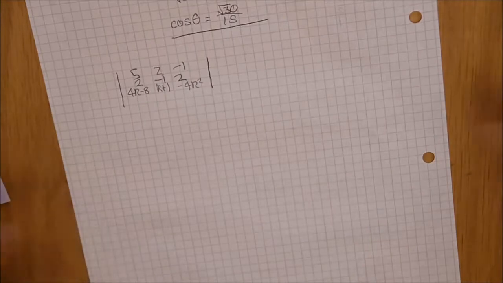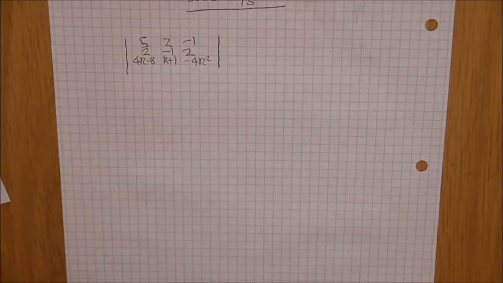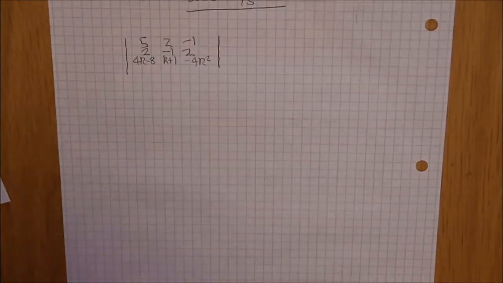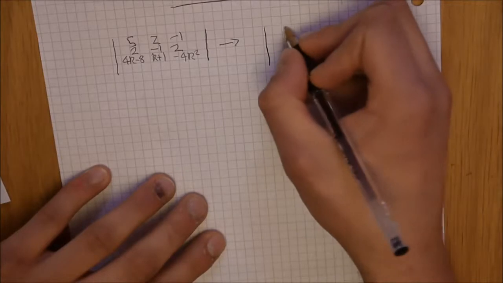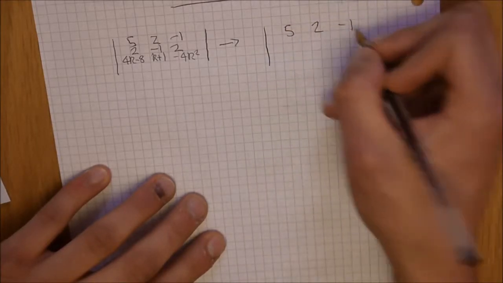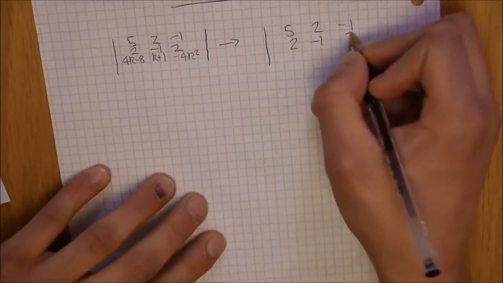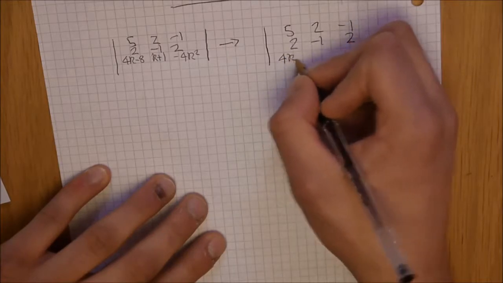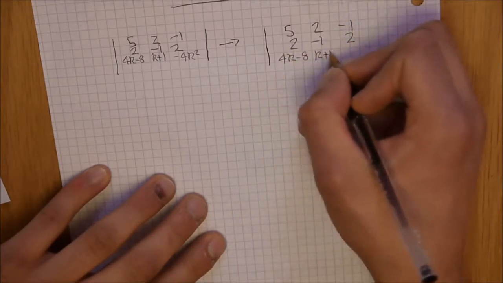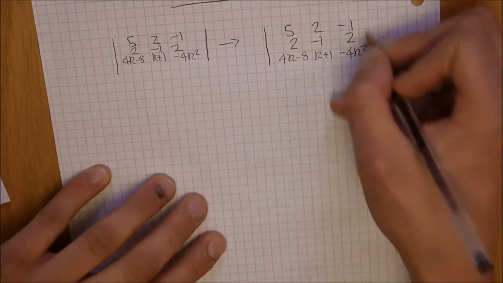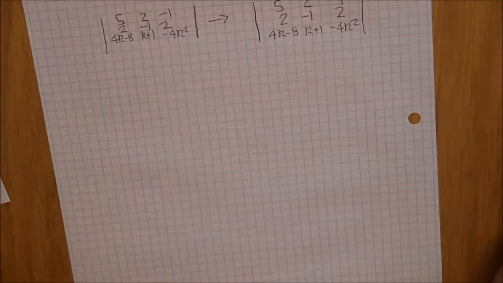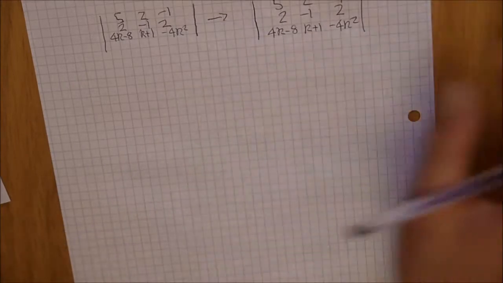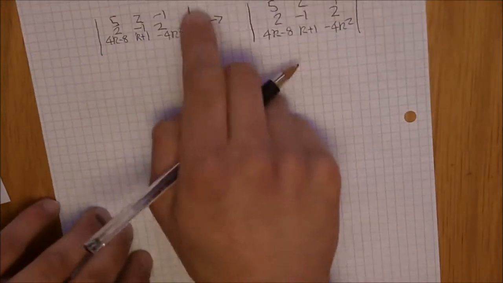Now then, if you have it in a form like that, what do you think they're going to ask you to do? Now, my guess would be find the determinant, and that's exactly what we're going to do in this question. Now, for those of you who can't probably read that, I'll write it a little bigger so you can read it. There you go. Now, to find the determinant of this, we effectively do the 2 by 2 determinants and times it by the value on the top row.